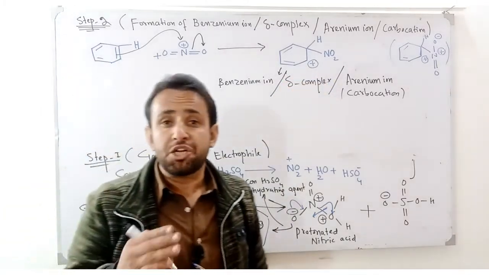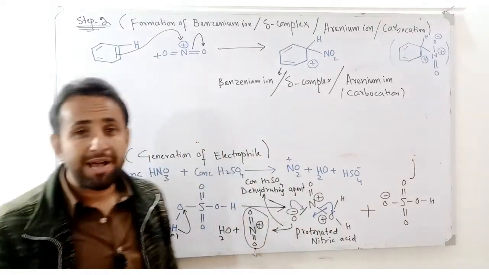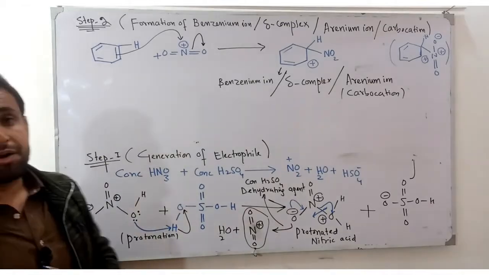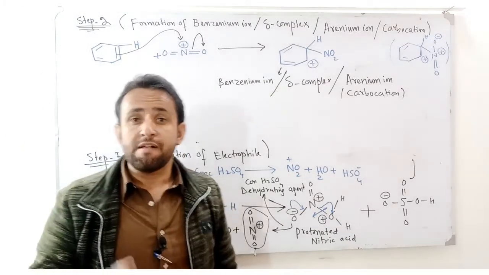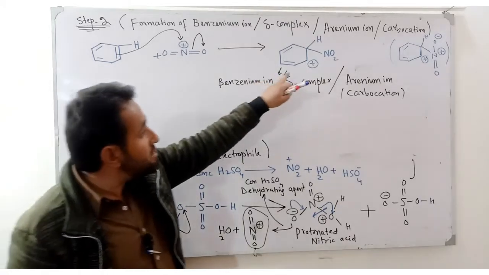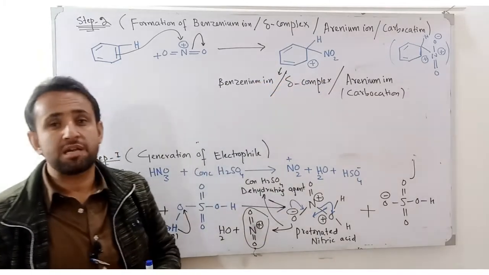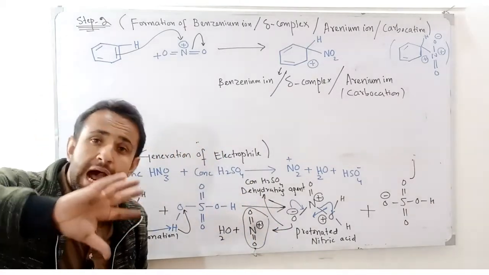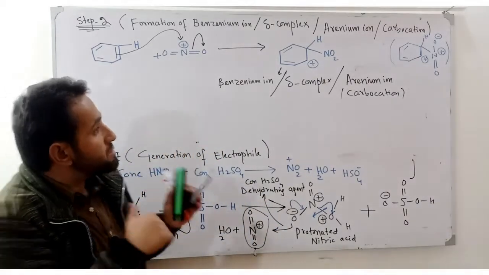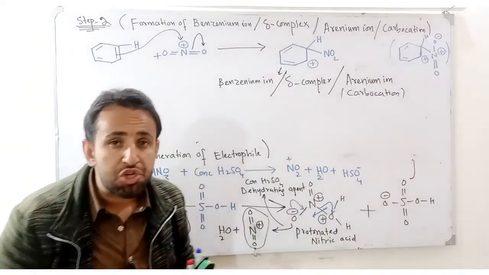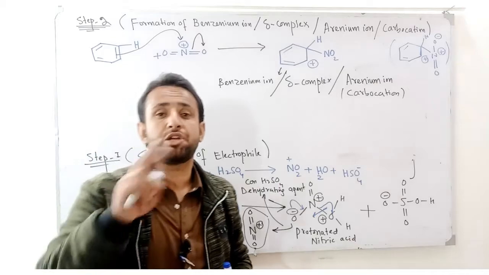An addition product would be formed. But as we know, this is a resonance stabilized structure. There is a conjugation. This sigma complex will change its position. What will it do? It will do a substitution reaction rather than an addition reaction.